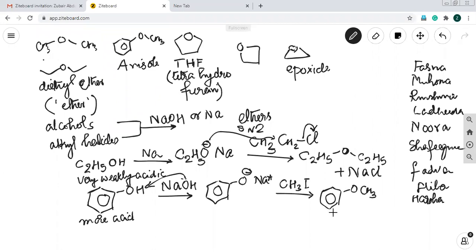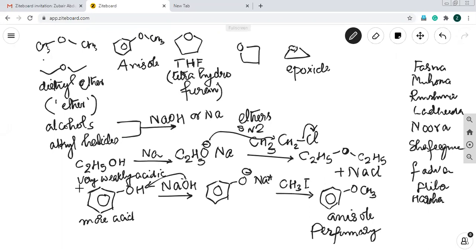And this is what you call anisole. Remember, this is a very good perfumery material. This is used in the perfumery industry. Okay, you can use this.